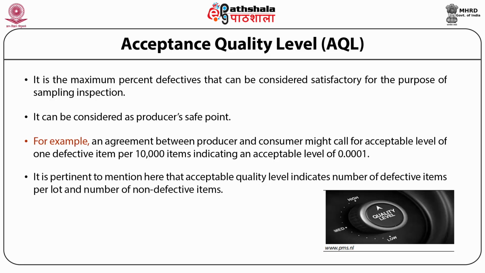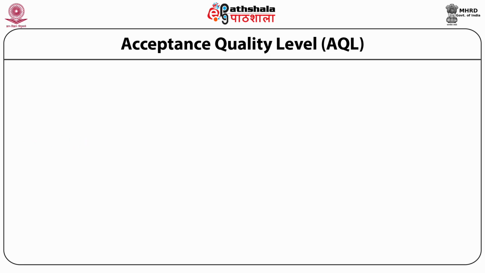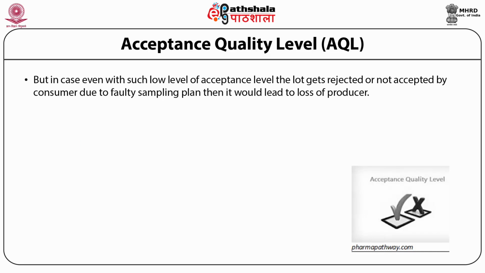It is pertinent to mention here that the acceptable quality level indicates the number of defective items per lot and number of non-defective items. But in case even with such a low level of acceptance level, the lot gets rejected or not accepted by the consumer due to a faulty sampling plan, then it would lead to loss of the producer.